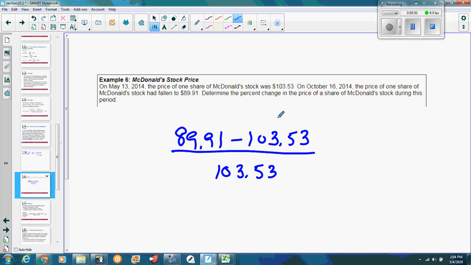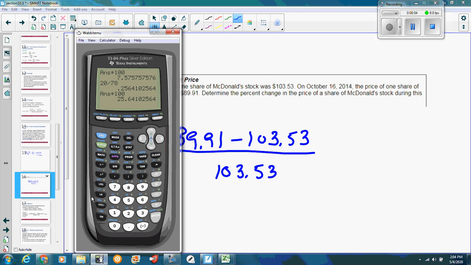That's going to give you a negative number when you subtract it, which means it was a decrease. So I entered 89.91 minus 103.53 divided by 103. I put 3, I have to go back. 103.53.